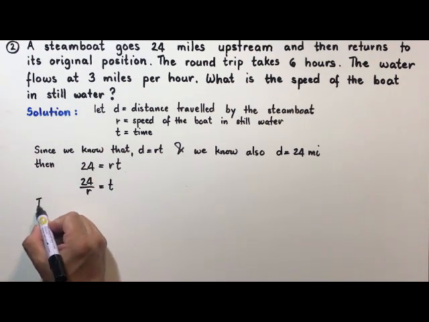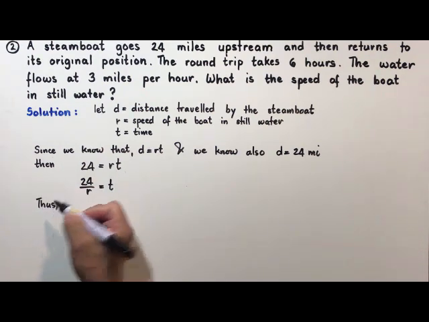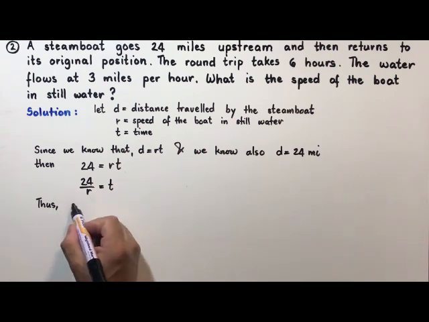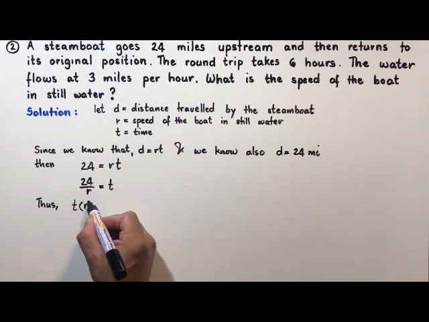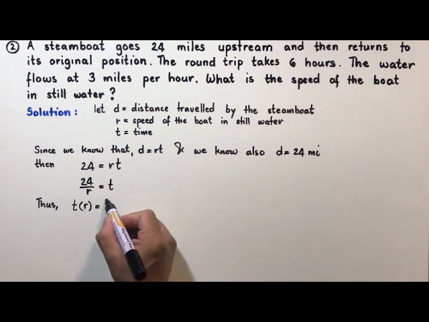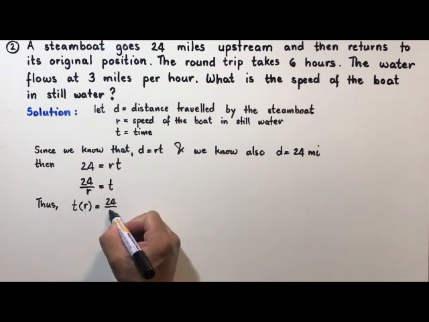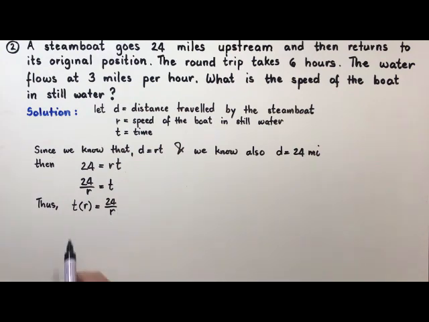Thus, we say that the time is a function of r, because this is 24 over r. So the time spent in traveling is a function of the speed of the boat.